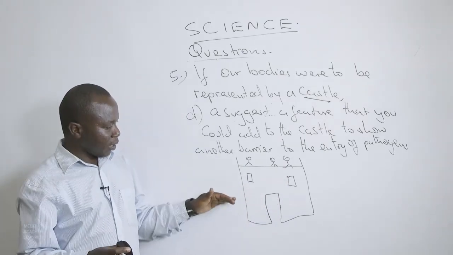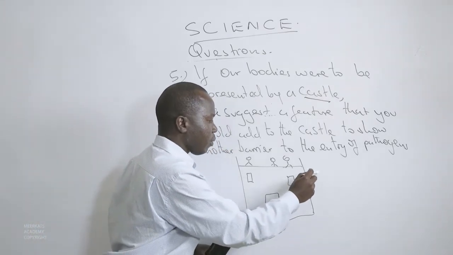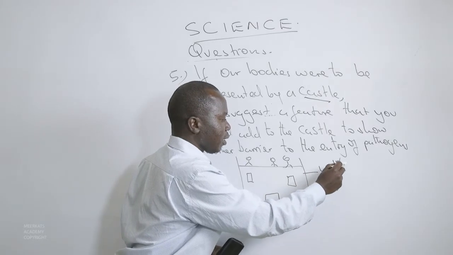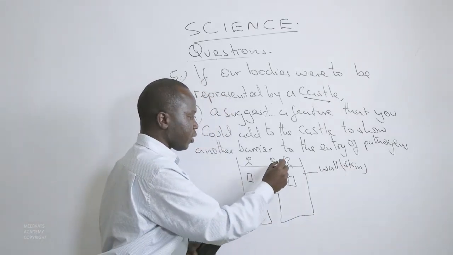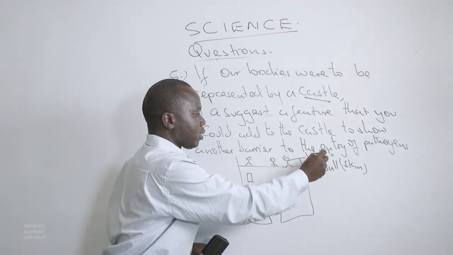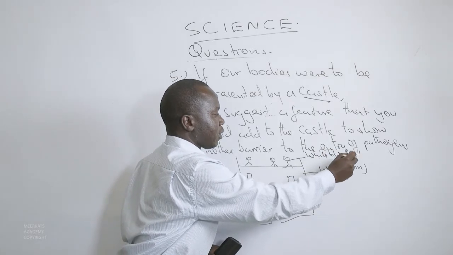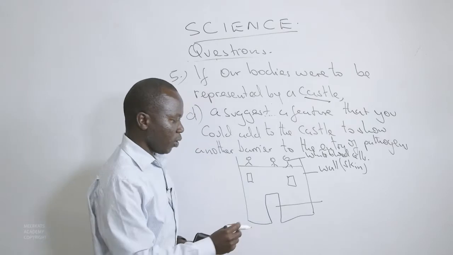So if we can describe a castle as our body, we have the wall. We have already said that the wall is equivalent of the skin. And then we have the soldiers. Soldiers are equivalent of the white blood cells.